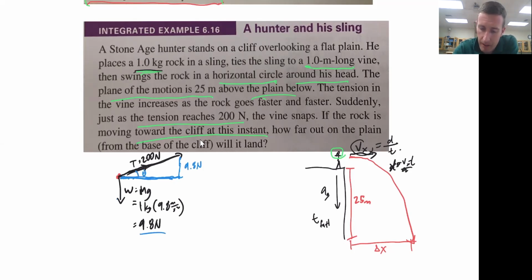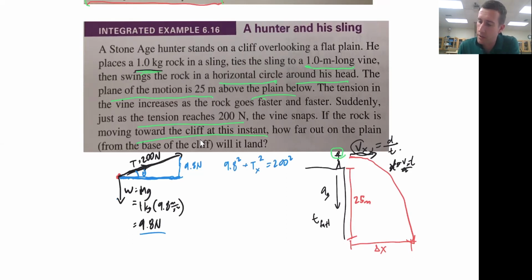But I could also just figure out this horizontal component of the tension by doing a squared plus b squared equals c squared. So I'm going to try that. I'm going to say 9.8 squared plus the horizontal tension T_x squared equals 200 squared.